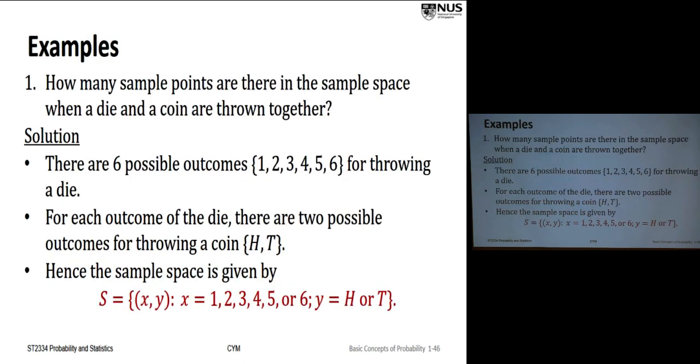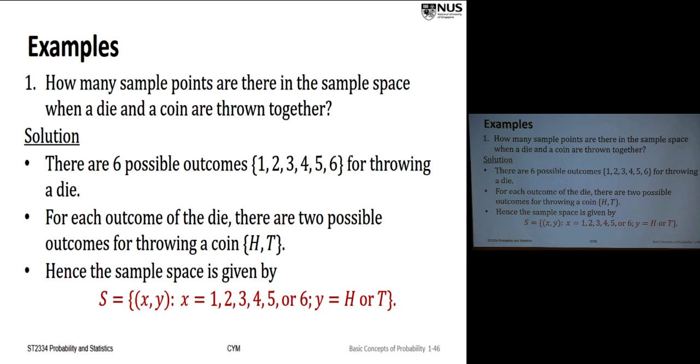All right, so let's look at simple examples. Let's consider throwing a die and a coin together. So what are the possible outcomes? You can think of the die as experiment 1, and the coin as experiment 2.